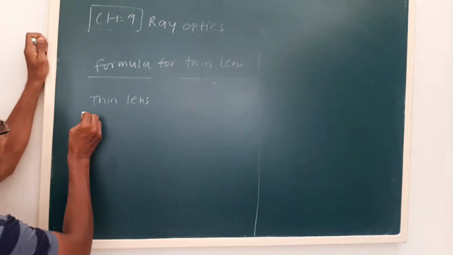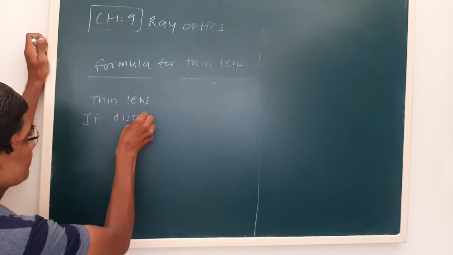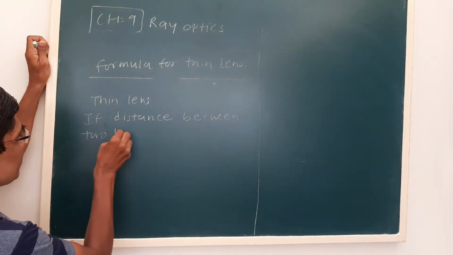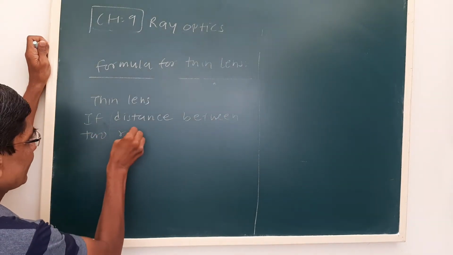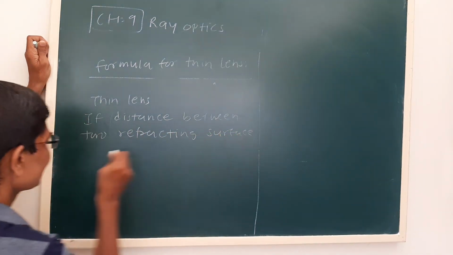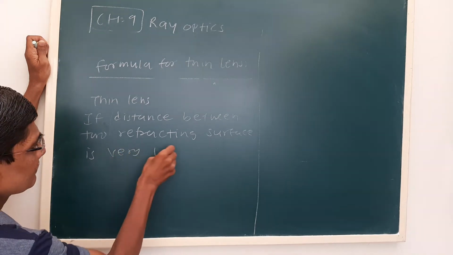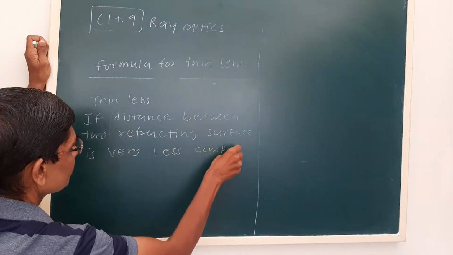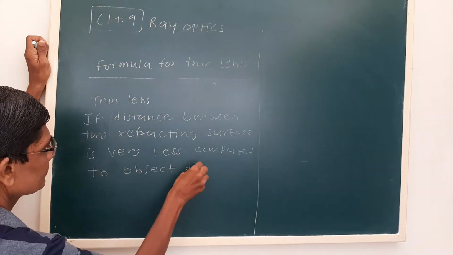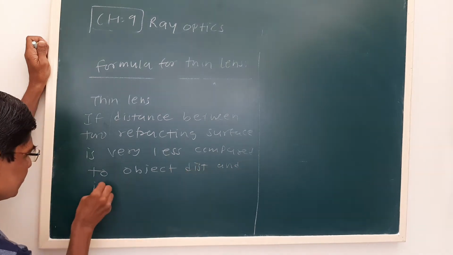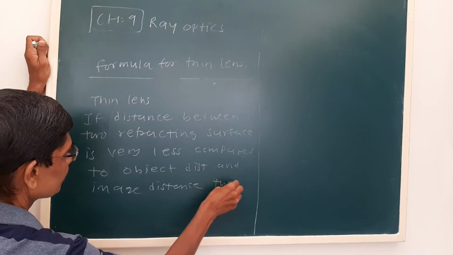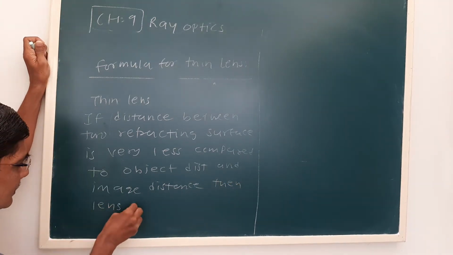So we can write like this: if the distance between two refracting surfaces is very less compared to object distance and image distance, then the lens is said to be thin.